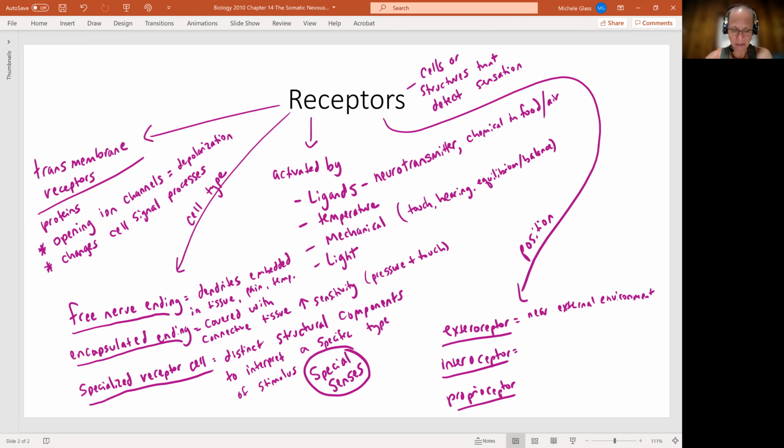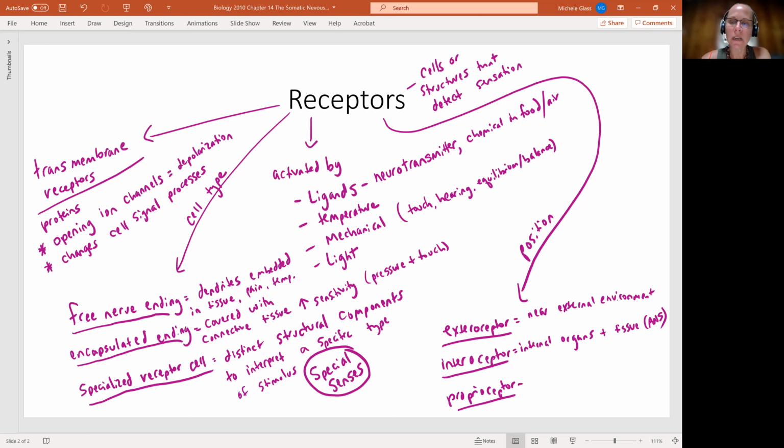Interoceptors, then, these are going to be more internal. So this is internal organs and tissues. So here you should think about this more in terms of the autonomic nervous system. So collecting information about blood pressure and maybe internal body temperature, pH of your blood, your gases in your blood, dissolved gases, right?